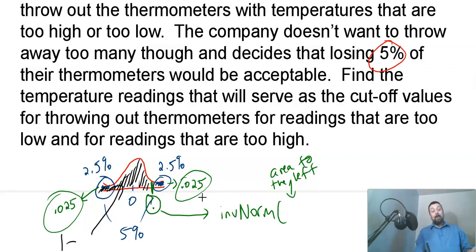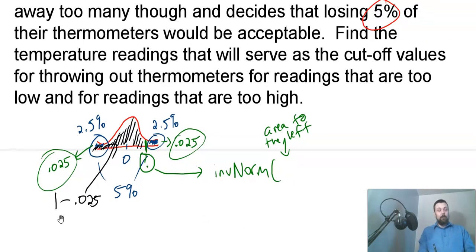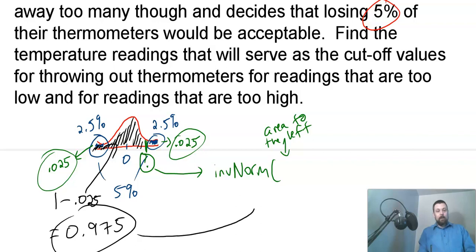And we know the probability that it's greater is 0.025, right? That's the area to the right. So the probability that it's less than that will be 1 minus 0.025. And that'll give me the area to the left of the data value that I'm looking for. And so this is going to be 0.975. And that's the area I need to use in my inverse norm.